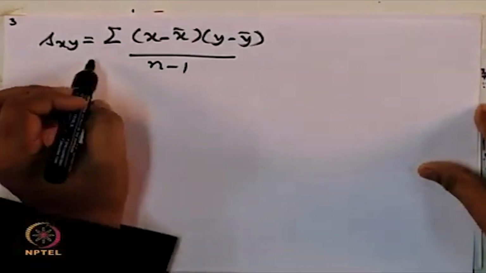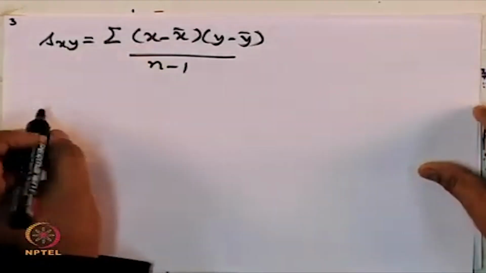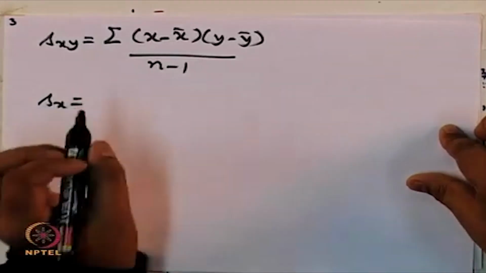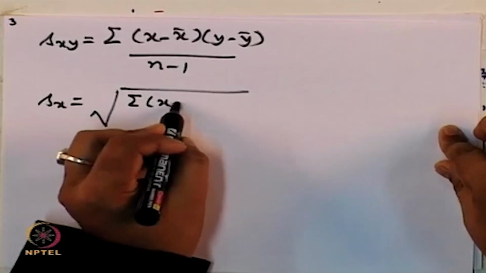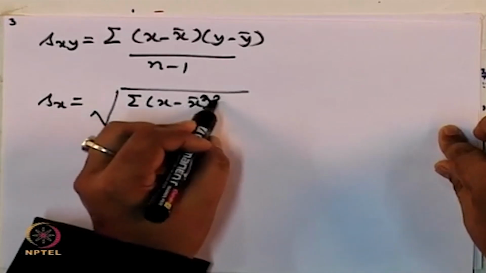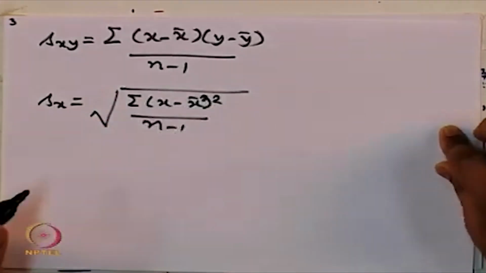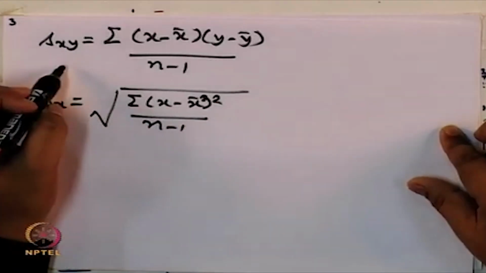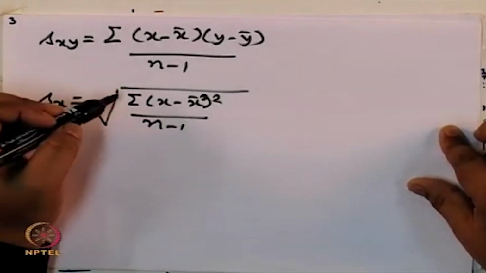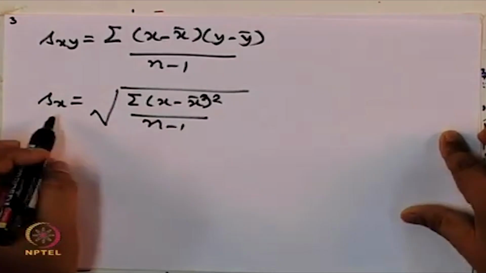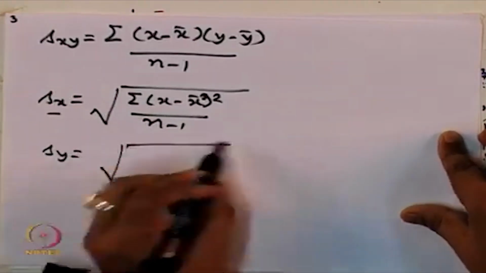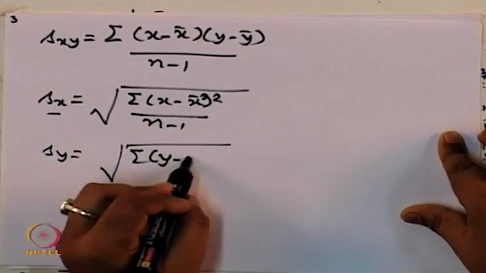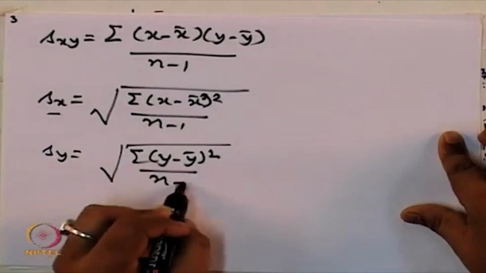What you clearly see missing is the square root. If I write down the corresponding expression of Sx, I have square root of summation of x minus x bar whole square by n minus 1. So, in the definition of covariance this square root is missing, and the reason is obvious. You are multiplying Sx by Sy, which has the square root, y minus y bar whole square by n minus 1.